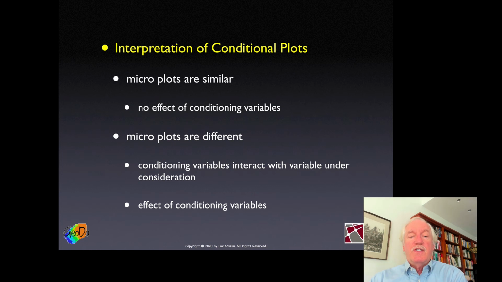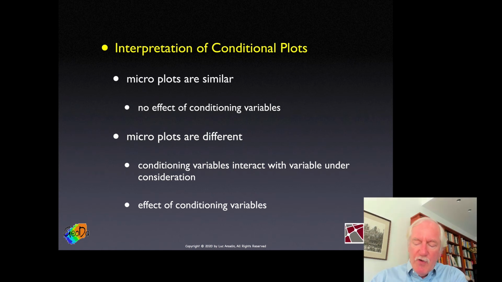If the plots are similar, there's no effect of the conditioning variables. If the plots are different and they show different patterns in different subsets of the data, then that suggests an interaction of the conditioning variables with the actual variable of interest. Again, no causation. It's just a suggestion of interaction.